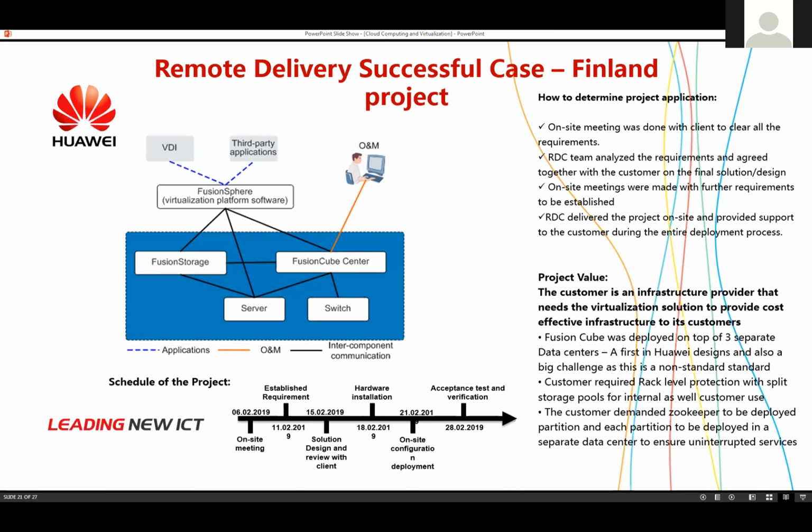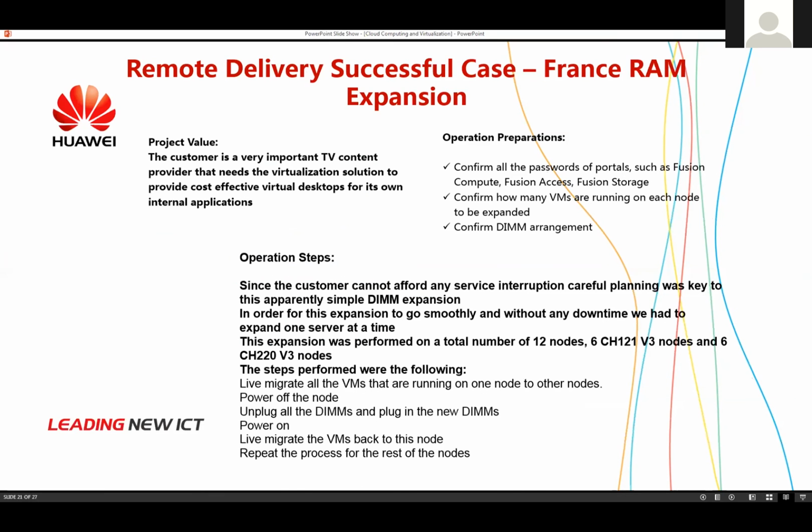Now, the next case that I want to present to you is not really difficult, but it involves a lot of planning. And planning, as you know, can always be really difficult. Why? For example, this customer was really important. I'm not allowed to say, but I will say it has something to do with television.